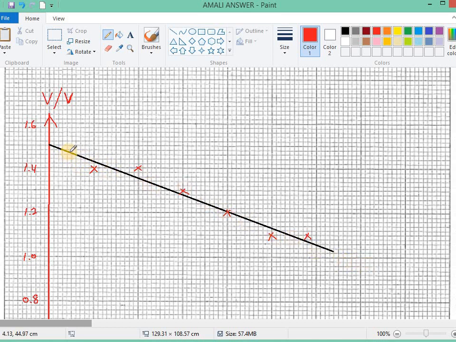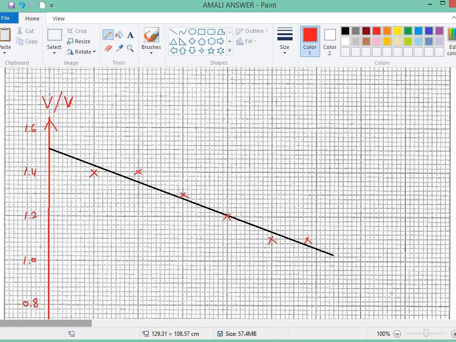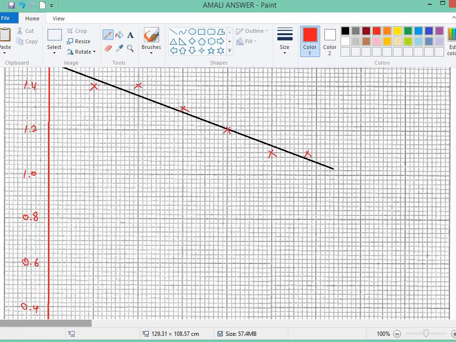So you draw a line that shows the direction, the progression of the data. Where will the data go? Understand? So the line is basically a summary of the data. After drawing the line, we are done.